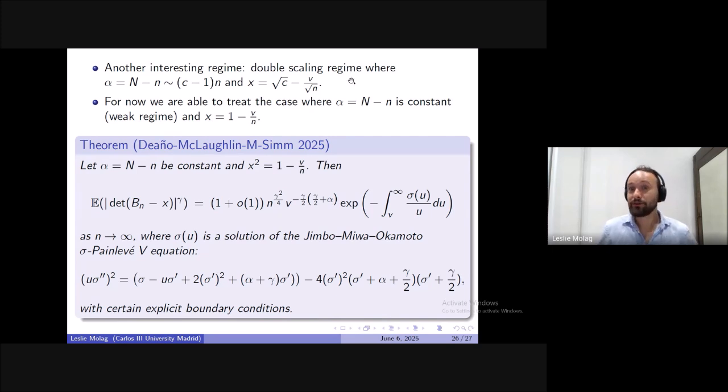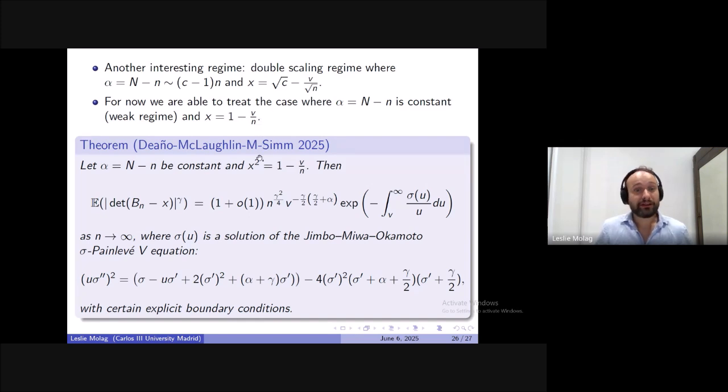But what we could do, and what you will also find in the corresponding paper, is the case of weak non-unitarity. So in that case, we consider alpha to be constant. So the difference between the size of the unitary matrix and the truncation is considered to be constant. In that case, the droplet is actually the unit disk, and the correct scaling is of order 1 over n.